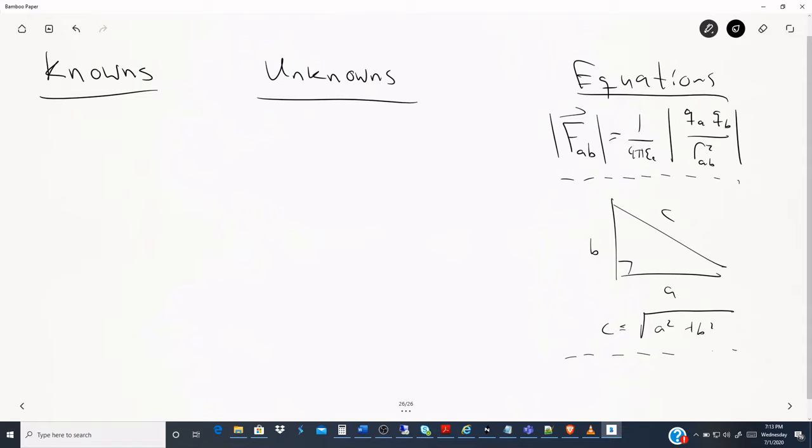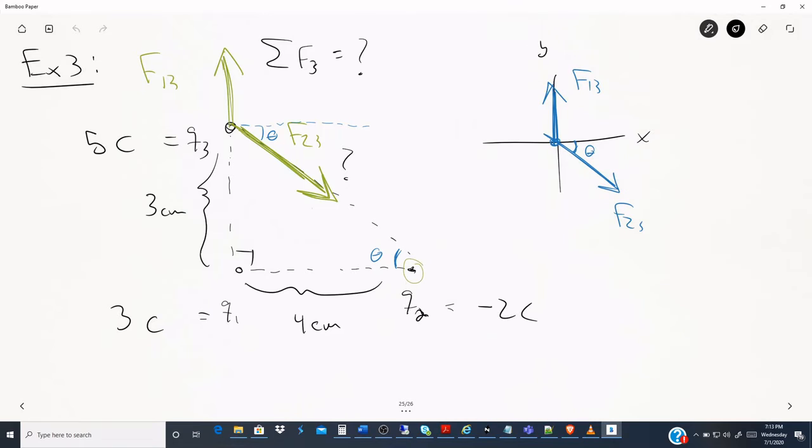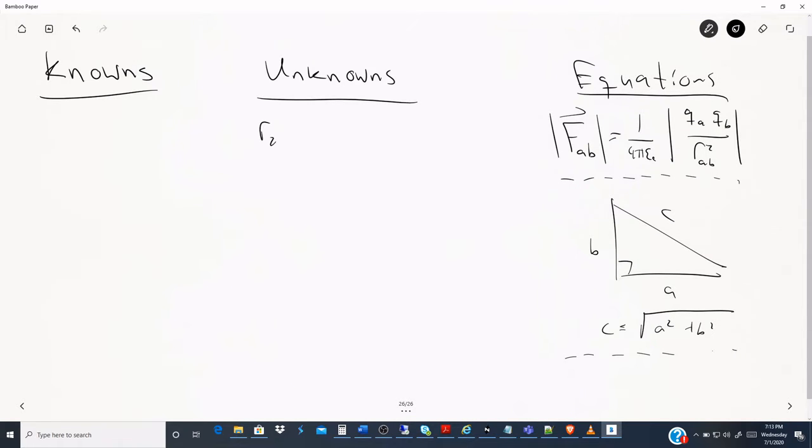And if I look at unknowns, let's see. I don't know the forces. I don't know the net force. Don't know its magnitude or direction. I don't know theta. And I don't know this distance here, which is the distance from 2 to 3. So R23 is unknown. Force that 2 exerts on 3 is unknown.